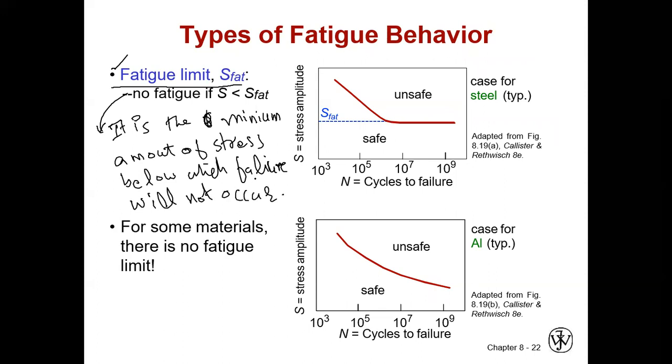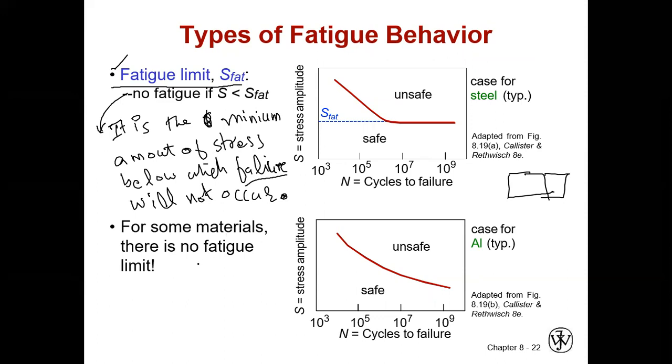Failure means the material breaks, right? So fatigue limit is the minimum amount of this cyclic stress below which the failure will not occur, even if you continue it for a very long time.